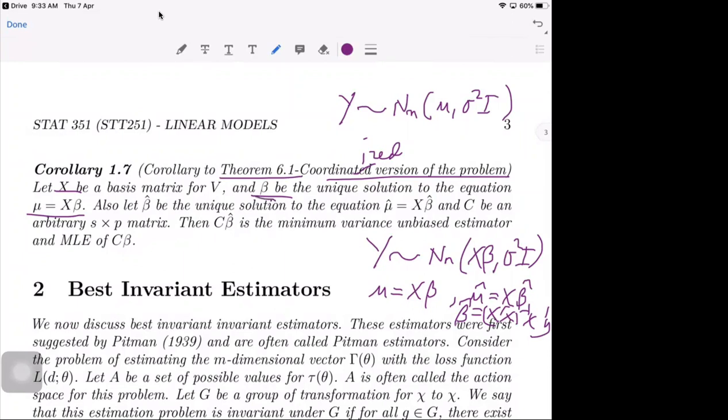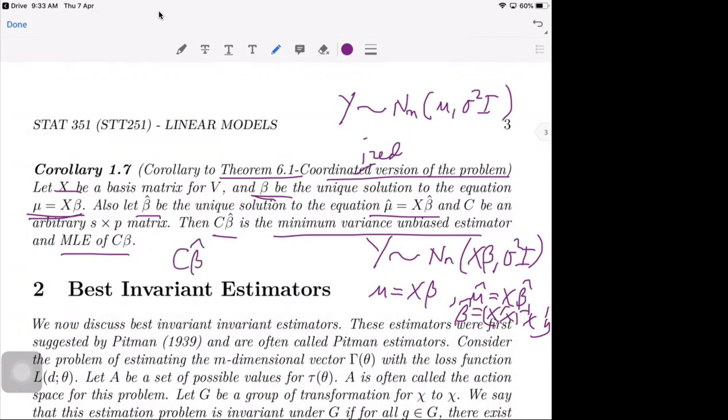So if beta is the unique solution for the equation mu is equal to X beta, and we let beta hat be the unique solution of mu hat equal to X beta hat, and C be an arbitrary S by P matrix, then C beta hat is MVUE. And it is also the MLE for C beta.